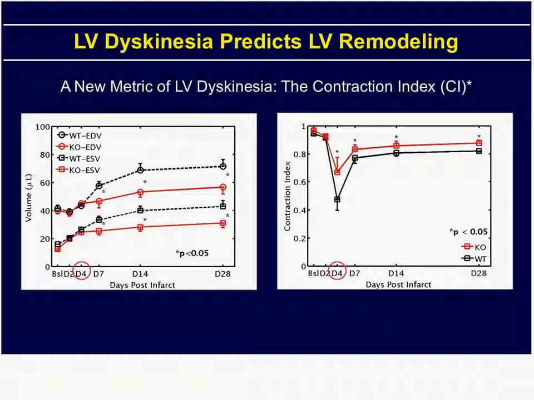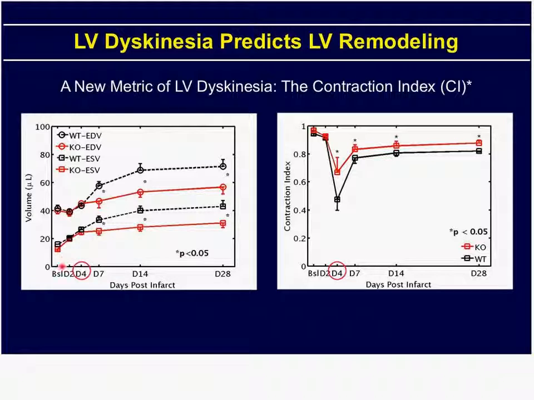Let's now apply that metric in this particular study. Let's apply the contraction index and look at LV dyskinesia, focusing particularly on day 4. We recommend picking that time point because it's an excellent place to apply this threshold of 16% radial strain in order to determine infarct size and to demonstrate that your infarct size is similar between groups.